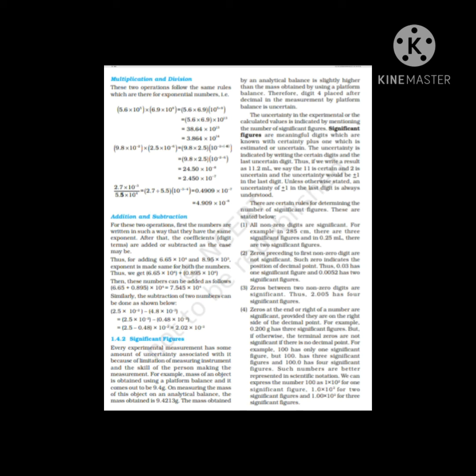First point is, if the rightmost digit to be removed is more than 5, the preceding number is increased by 1. For example, 1.386. If we have to remove 6, we have to round it to 1.39.